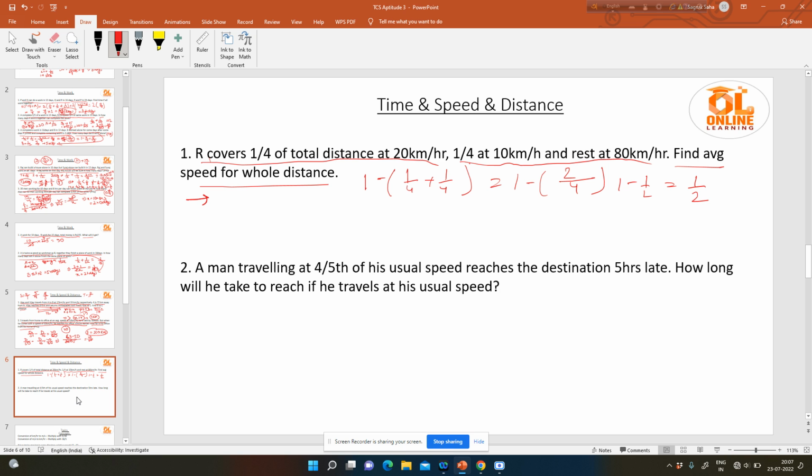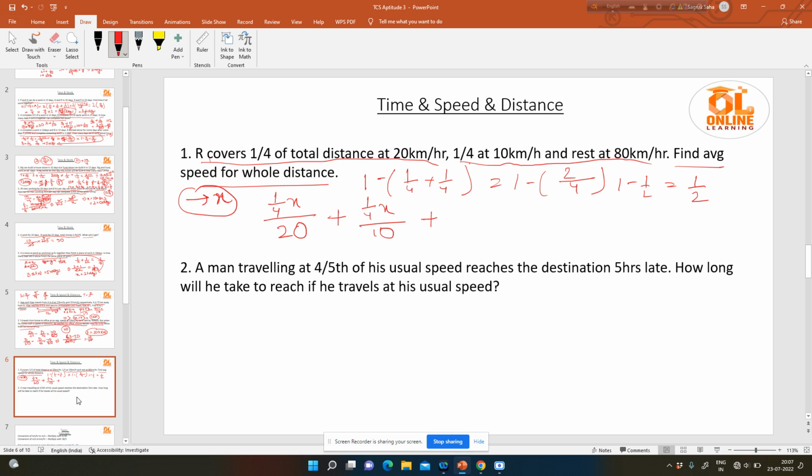If we take the total distance as x, then 1 by 4x distance is covered at 20 kilometer per hour. Then again 1 by 4 distance is covered at 10 kilometer per hour.